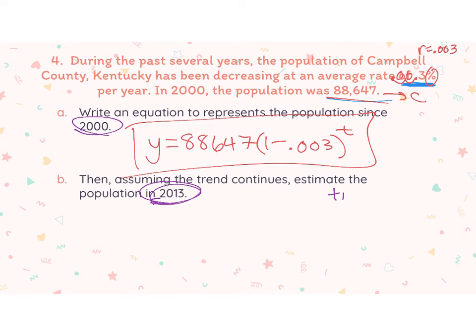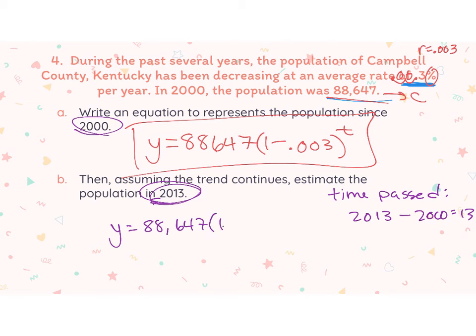The time that has passed, remember we talked about that in our exponential growth equation lesson. So 2013 minus 2000 is 13 years. So I'd have y equals 88,647 times 1 minus 0.003 raised to the 13th power.